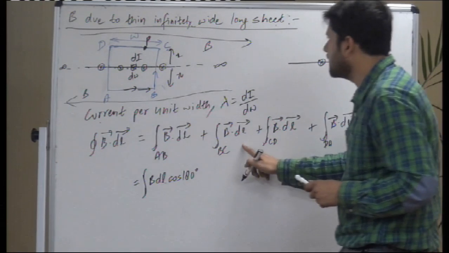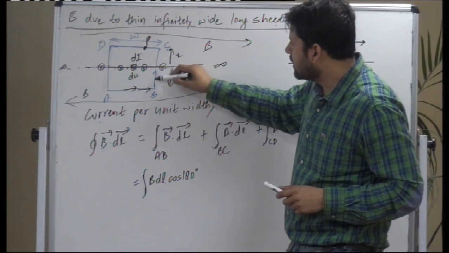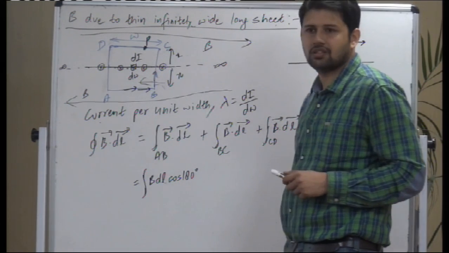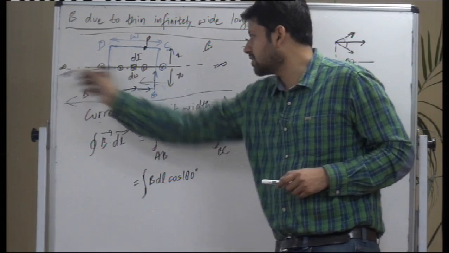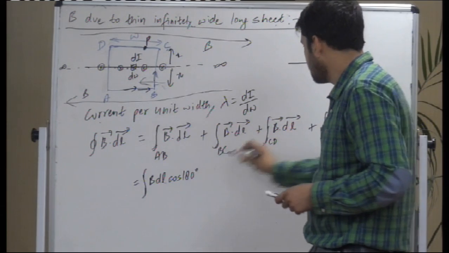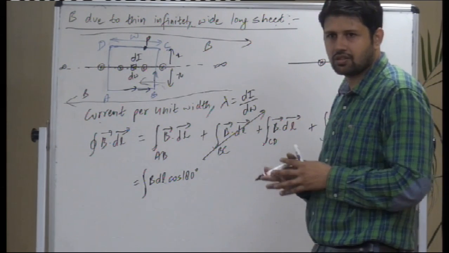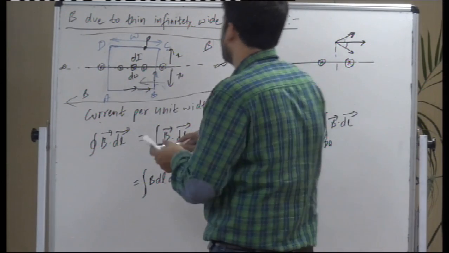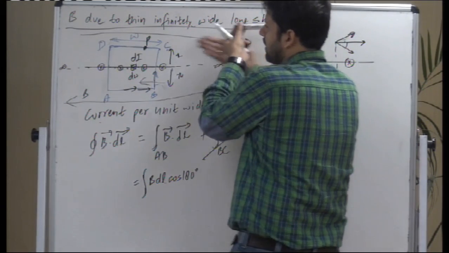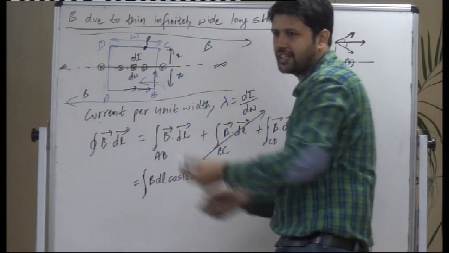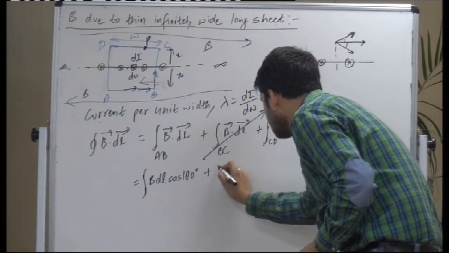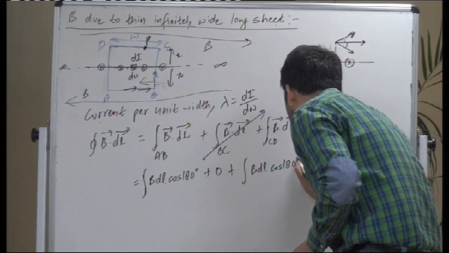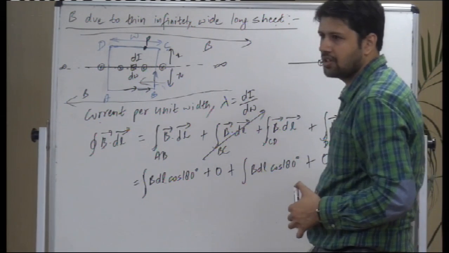For BC, dl and magnetic field are perpendicular. Magnetic field is like this, dl is vertical, right? So it goes for a toss, 0. Also for CD, same kind of scenario. Magnetic field is going like this, we are traveling like this, opposite. So the angle is 180 degrees again. So this is B dl cos 180 degrees. Again for the fourth one it is 0.